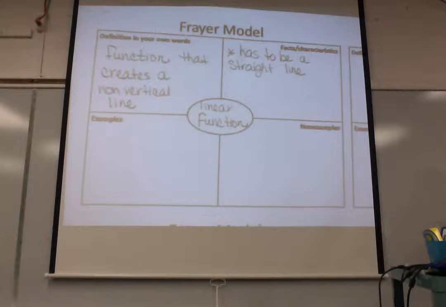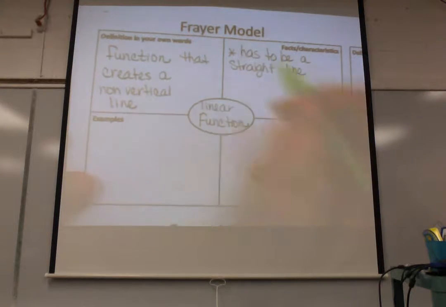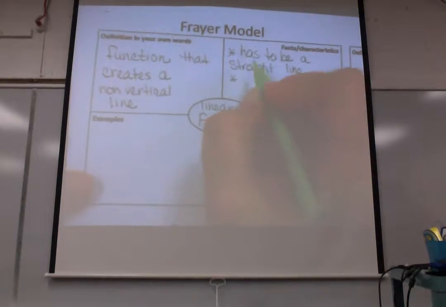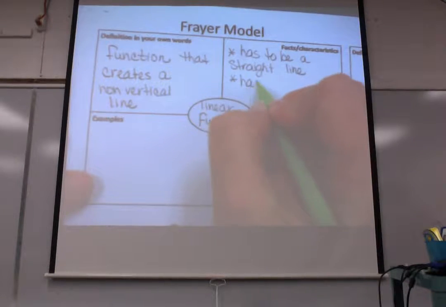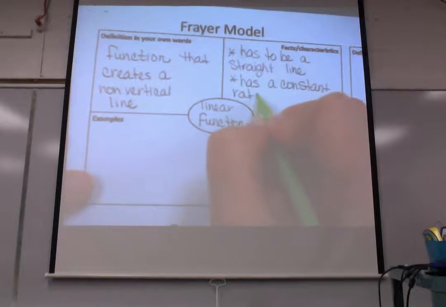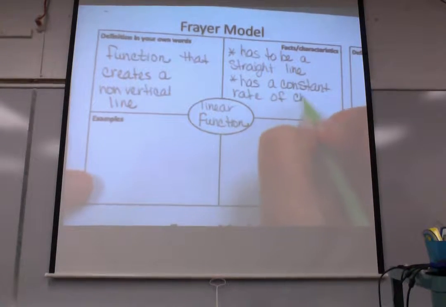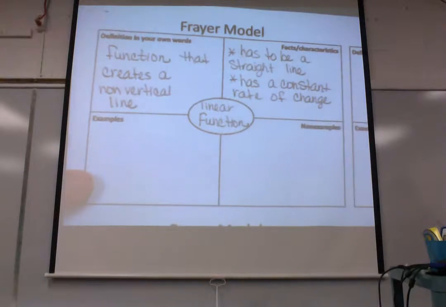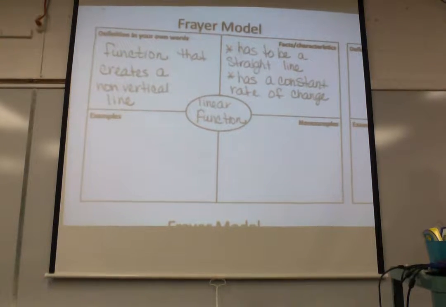Anybody else have anything else that they put in their facts or characteristics? Go ahead, Paige. Has a constant rate of change. Yes, I like that a lot. Has a constant rate of change.